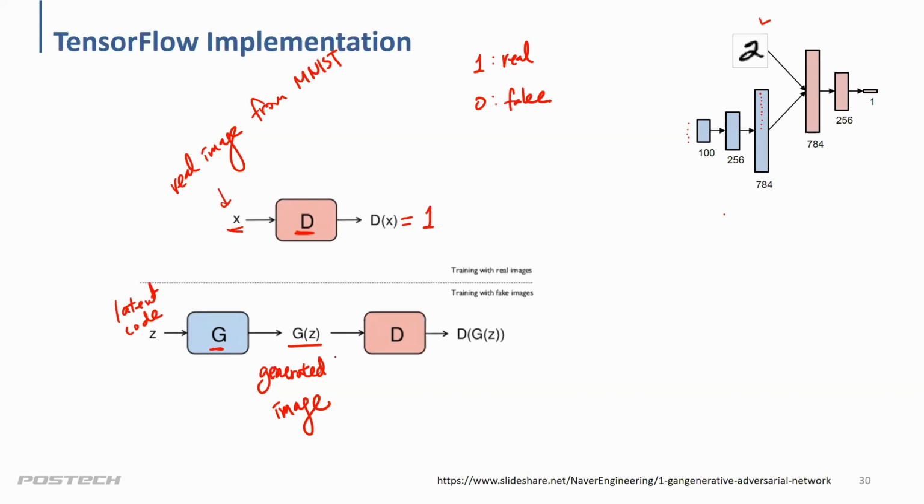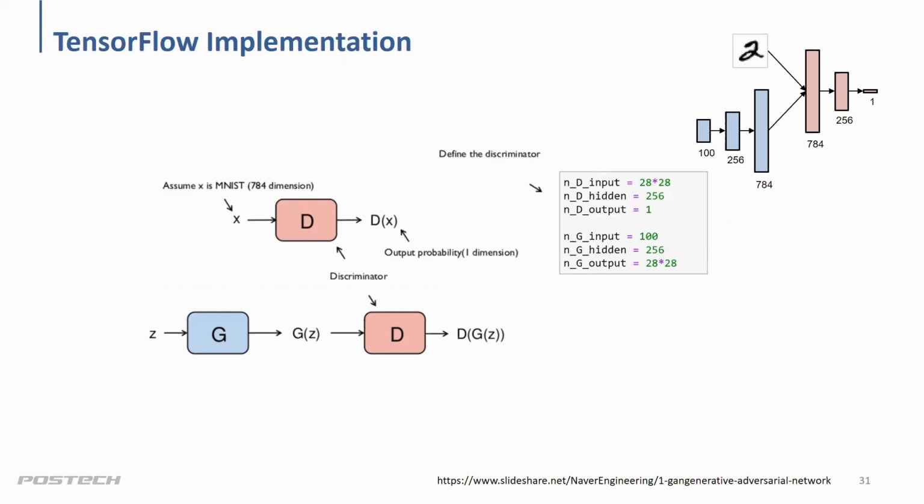And for this part, the discriminator should output zeros. But for the generator, this should be ones. That was the main idea that we discussed a lot last time, if you remember.